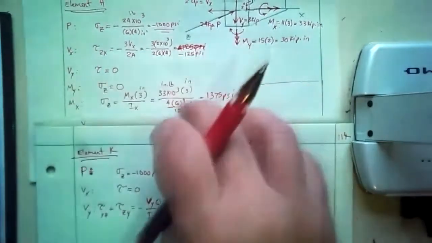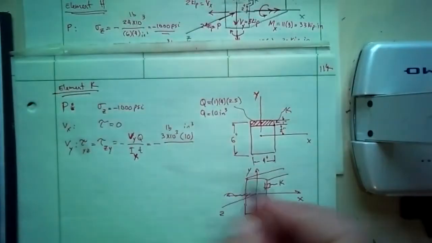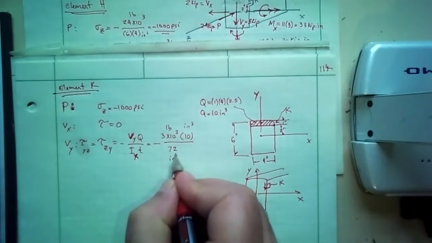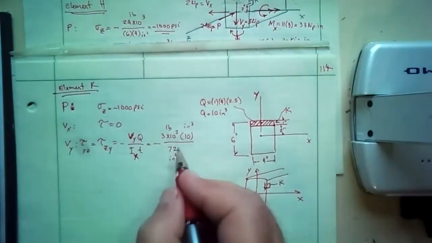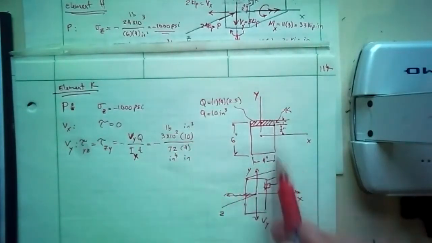The same moment of inertia we had over there, Ix. So this is 72 inches to the 4th. Thickness, and thickness is this way. And that is 4 inches. Not this way, right? It's this way.